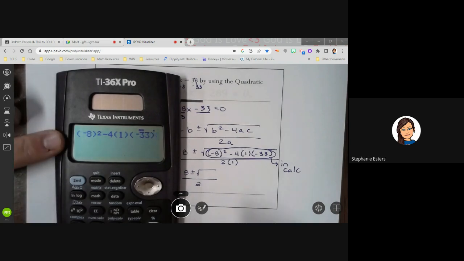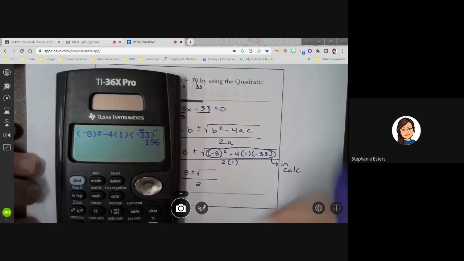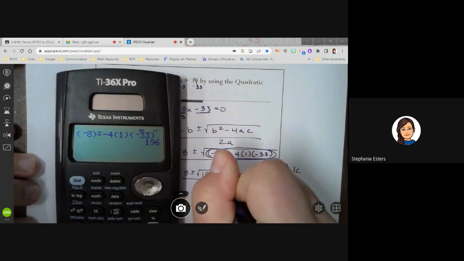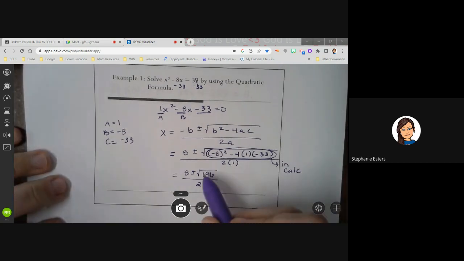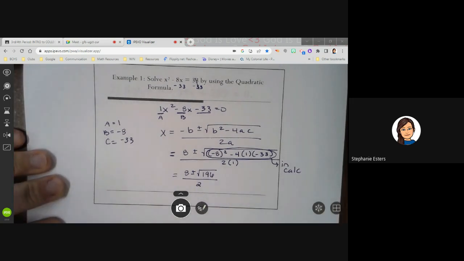Again, there is no radical, but it matches what's underneath it, okay? So that is 196. Now, the reason that I want you to do that step separately is because of the other types of answers that we're going to get. But for right now, you can also try to take the square root, that's fine. But if it gives you a decimal, you have to do it by hand. So the square root of 196 is a nice number.